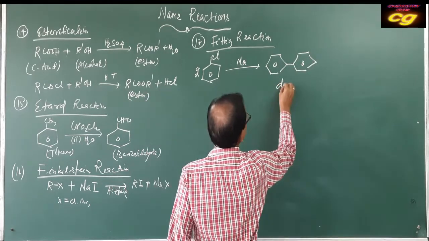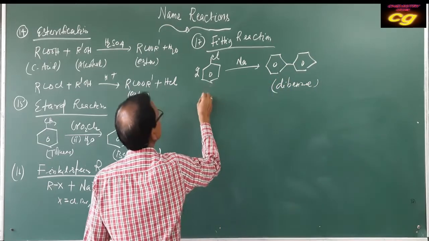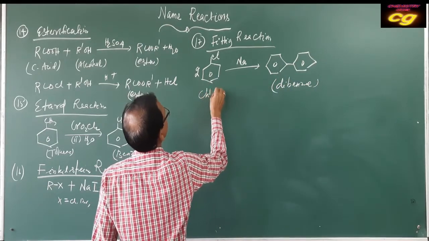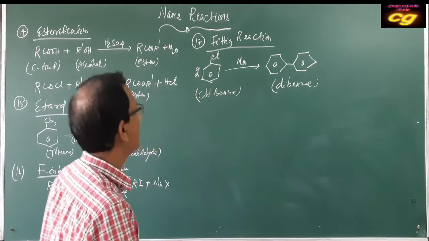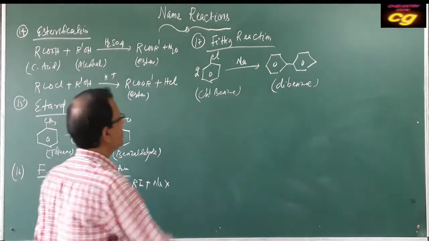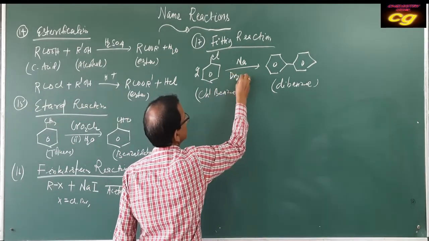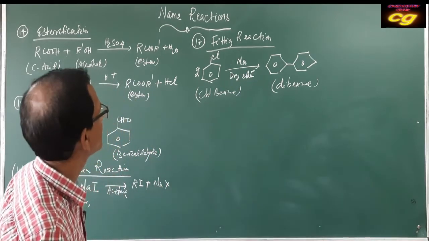This is your diphenyl and this is your chlorobenzene. Here two molecules combined. This is called Fittig reaction. Here also dry ether is used. You can use dry ether. Okay, this is Fittig reaction.